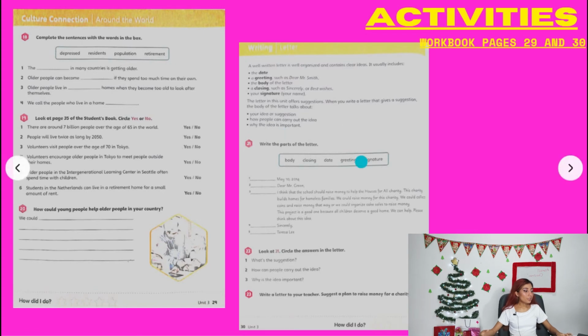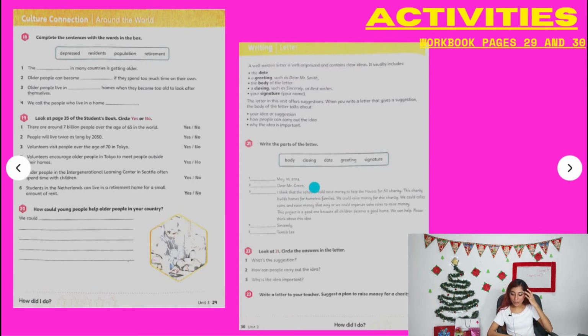Okay, activity 21. Now we are going to practice this that we already reviewed. We have body, closing, date, greeting, and signature. Now you have this activity in here, and you are going to check it. This is a letter, and you have number 1, 2, 3, 4, and 5, and you're going to read, like May 10, 2014.